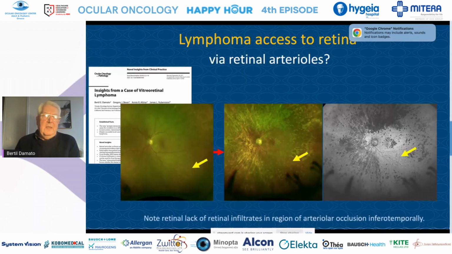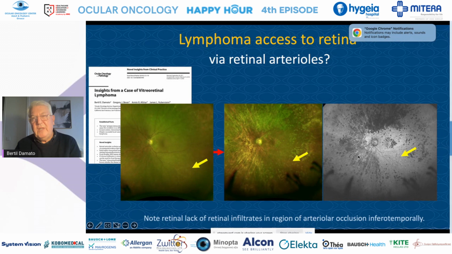So the question is, how does retinal lymphoma develop in the eye? Well, we had a patient a few years ago who developed vascular sheathing inferotemporally in the left eye. And that was followed by vascular closure.